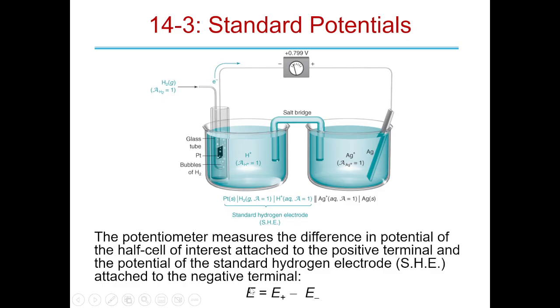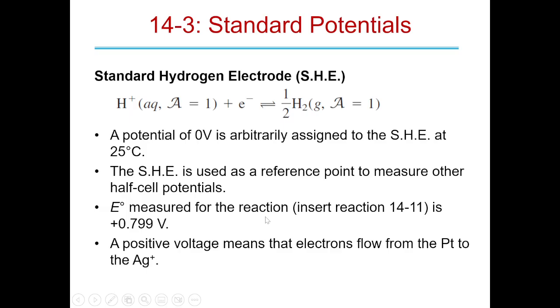Again, your voltage is always going to be equal to the positive end minus the negative end, right? Okay. You see that this whole cell right here is the SHE here. All right, so the standard hydrogen electrode, this is the reaction for it.